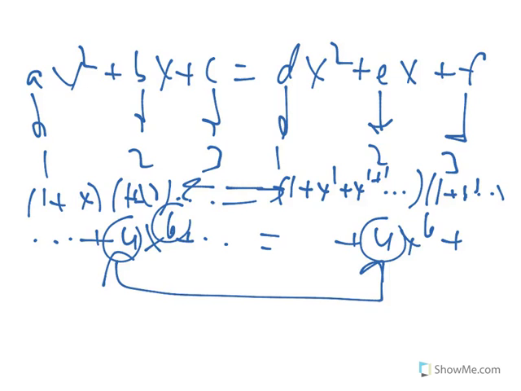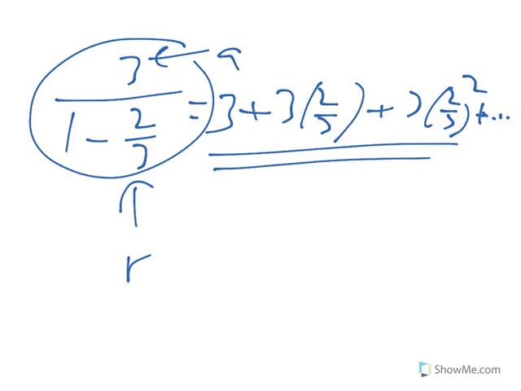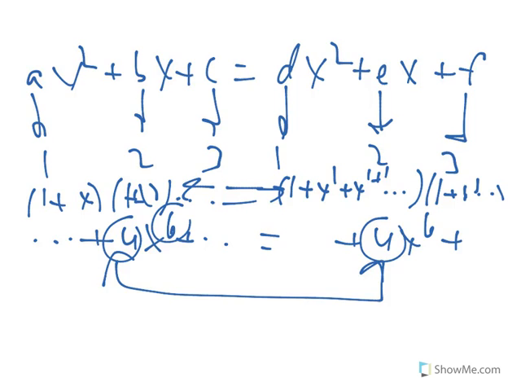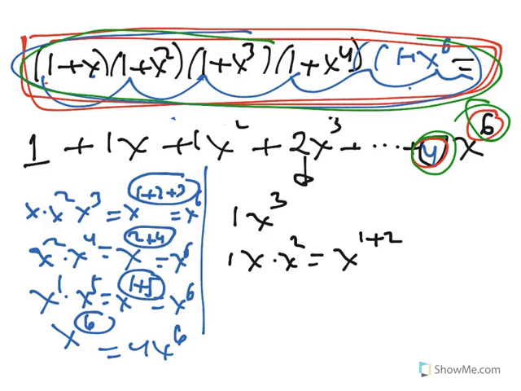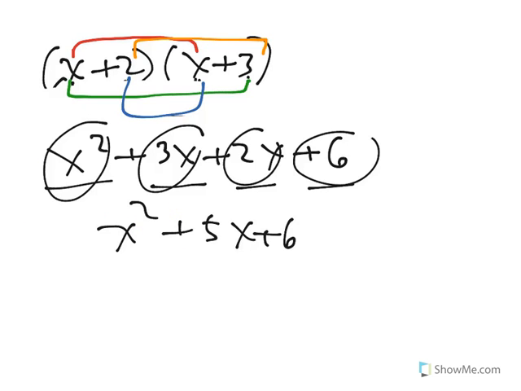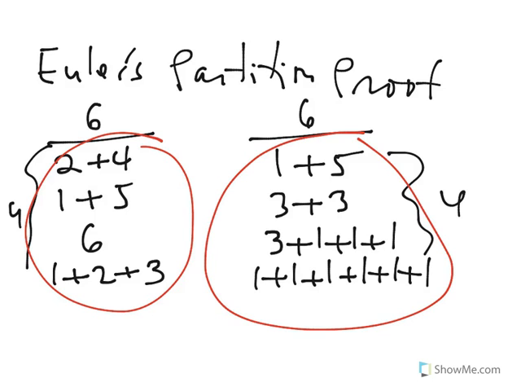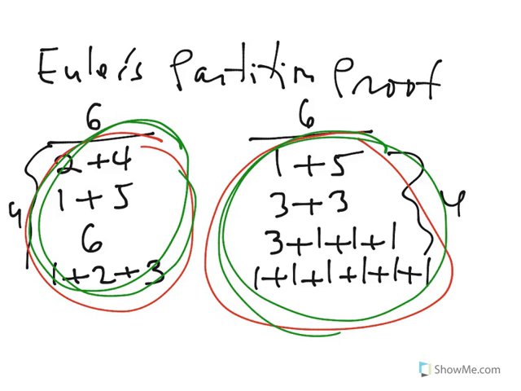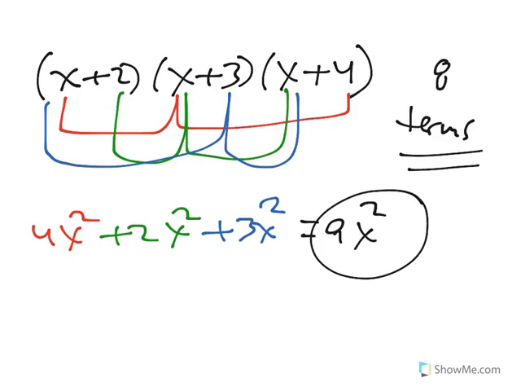So if the two polynomials are equal, that will also imply each coefficient is equal, and if each coefficient is equal, that means it was not an accident, it's not a coincidence that there were 4 ways to write 6 as a sum of unique integers, and also 4 ways to write 6 as the sum of odds with repeats permitted.